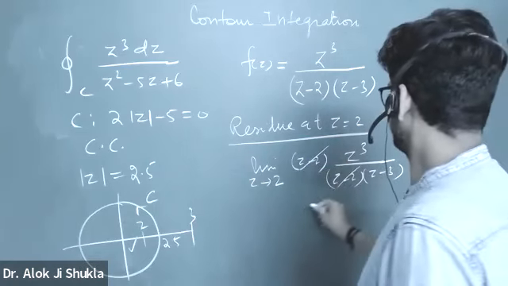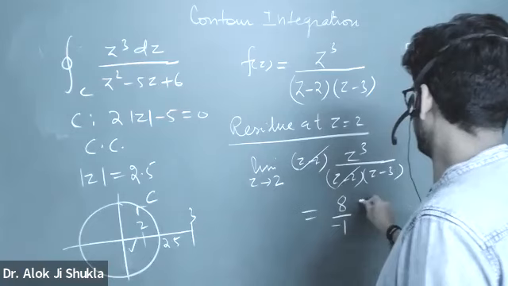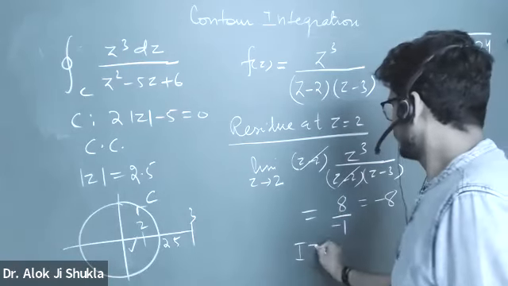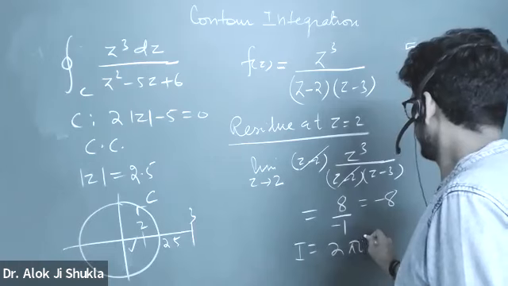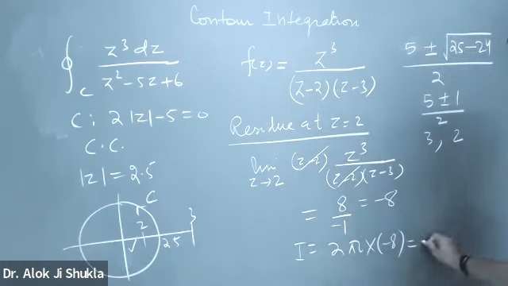This will cancel. It will become 8 by minus 1, that is minus 8. And the value of the integration will be 2 pi i into minus 8, that is minus 16 pi i.